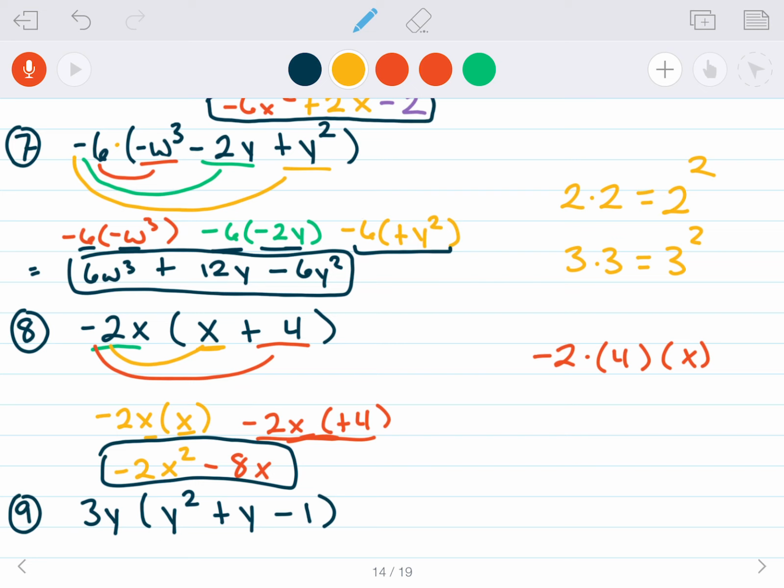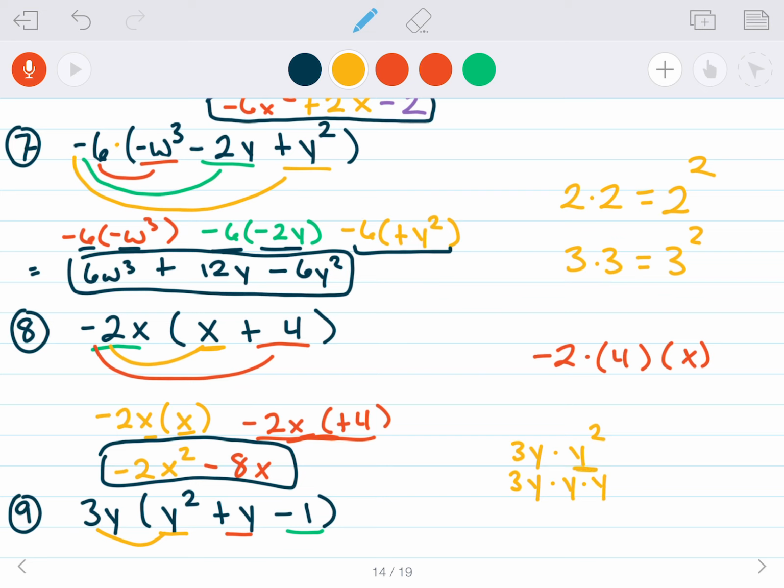We have 3 terms in the parentheses. So the first thing we're going to do is do 3y times y squared. Okay, so let me do that off to the side. 3y times y squared. Well, y squared is just y times y. So this is 3y times y times y, right? Y squared is y times y.